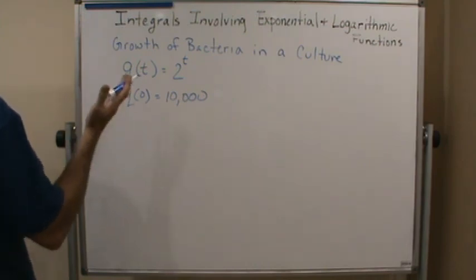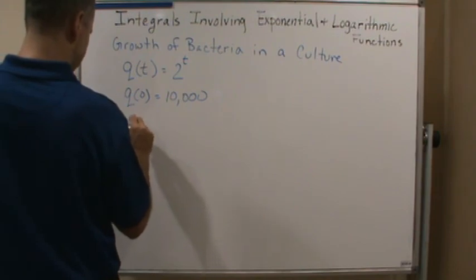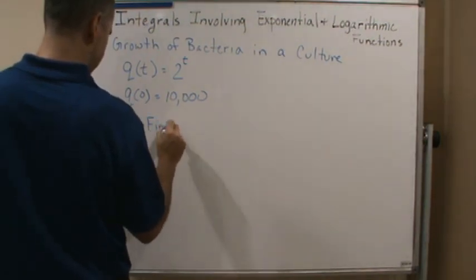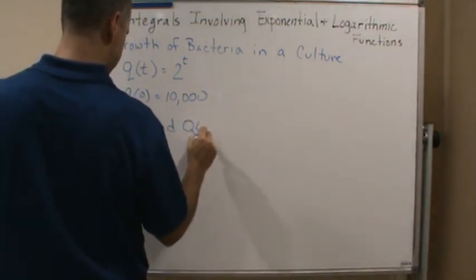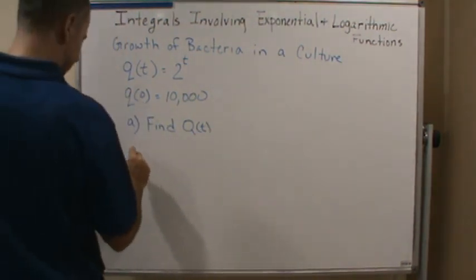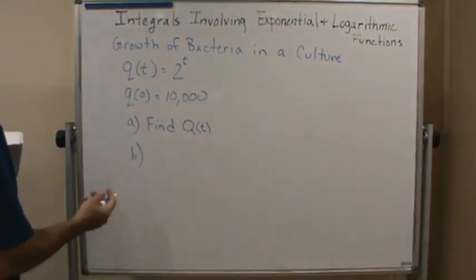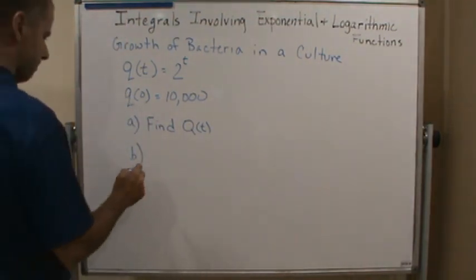So we assume that the culture starts with 10,000 bacteria. So A, find Q of t, and then B, how many bacteria are in the petri dish after 3 hours.